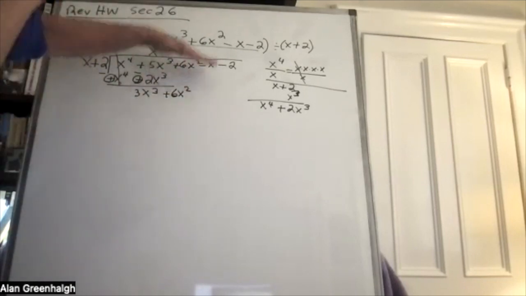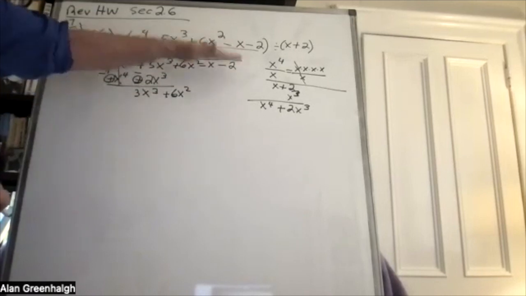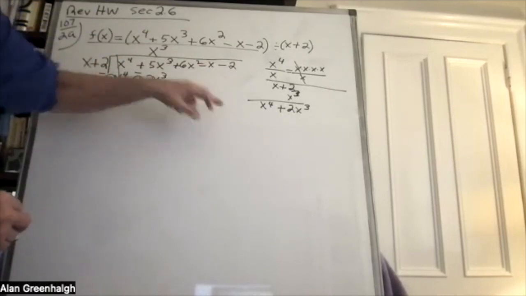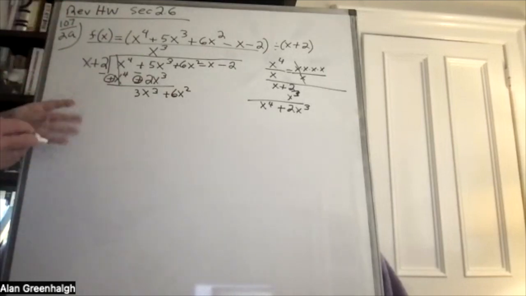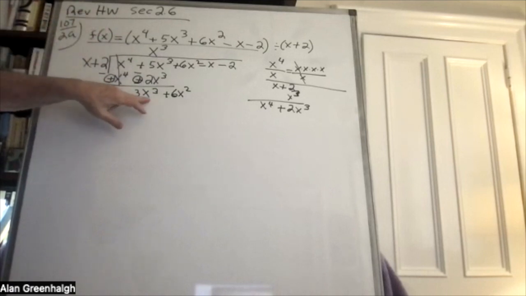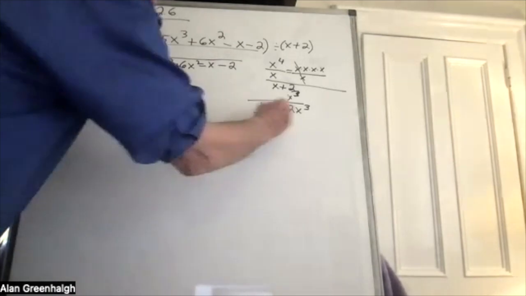Now, some people, when they do this problem, bring everything down. They bring down the negative x, they bring down the negative 2. You could do that if you want, but I personally don't do it that way. Okay, now the next question is, what is 3x to the third divided by x?